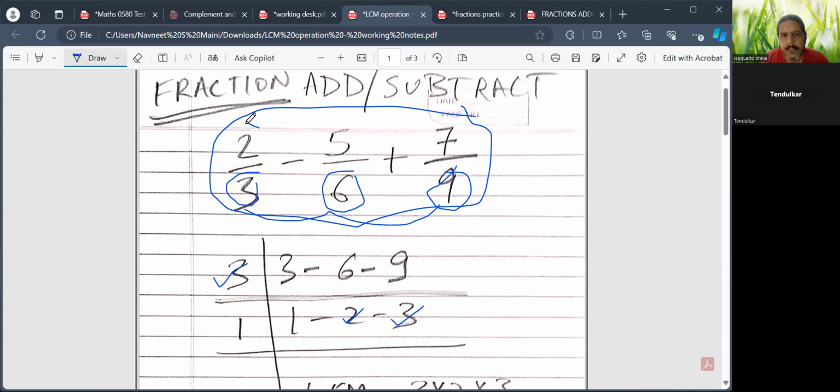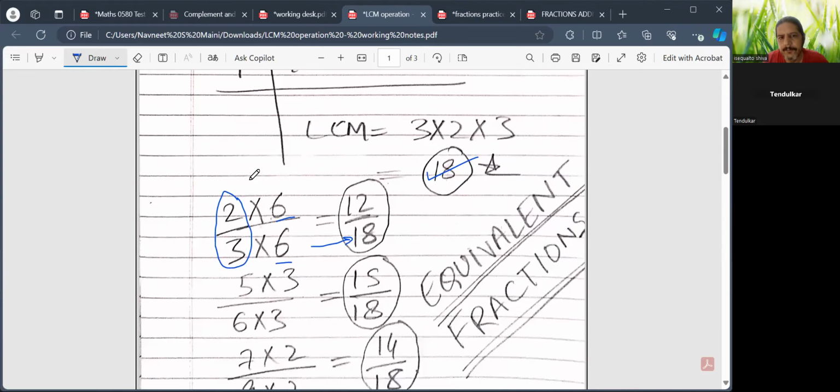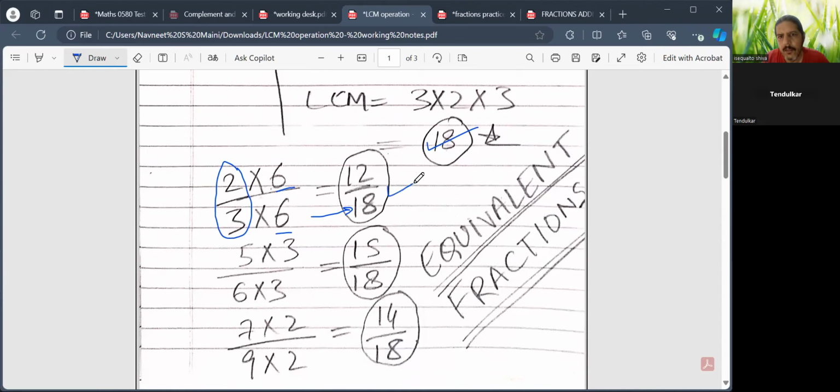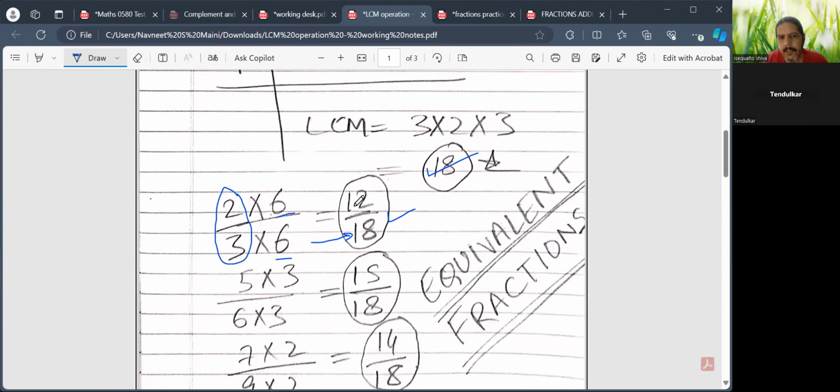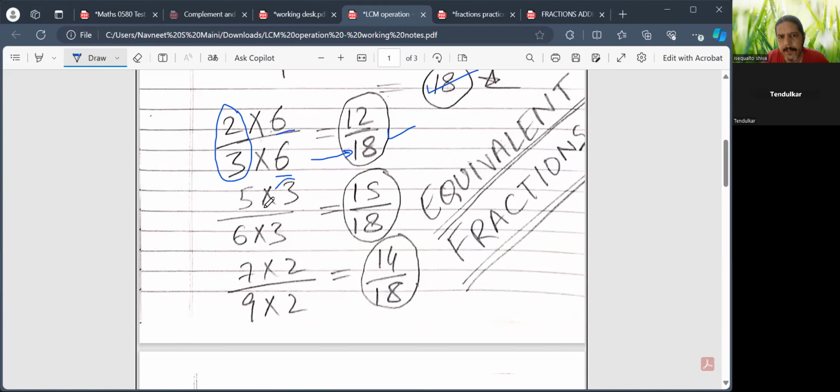So for example, if I am given 2 by 3, I will try to reduce this 3 to 18. 18 is the LCM. If I take the second term, 5 by 6, again I will try to reduce this denominator to 18. How can I do that? I'll have to multiply by 3, and that is how I will get 18 in the denominator.